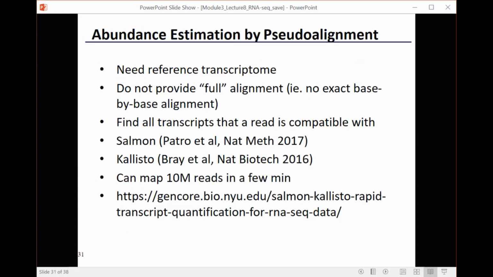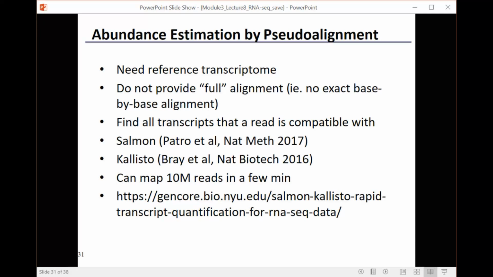There is another abundance estimation method, pseudo-alignment. This was developed recently in 2016 and 2017 by 2 software, Kallisto and Salmon. These 2 software's performances are very similar to each other. They both need a reference transcriptome. They do not provide full alignment, which means there's no exact base by base alignment.